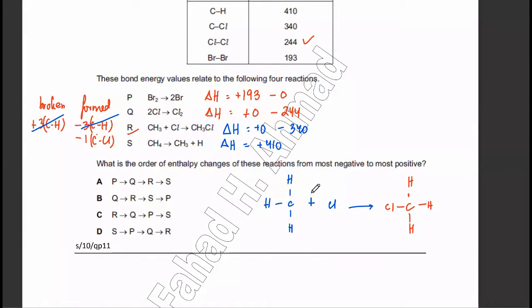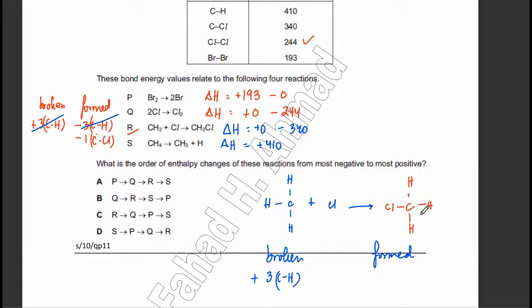So how many bonds are broken? I told you to break all the bonds in the reaction. So it's these 3 C and H bonds. They need to be broken. So 3 CH bonds are broken, right? And bond breaking is endothermic, so that is positive. And how many bonds are getting formed? Form all the bonds that are present in the products.